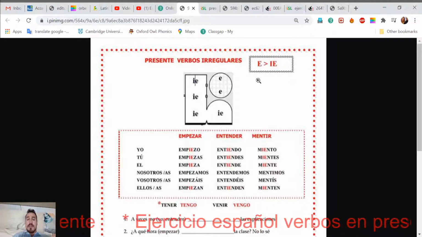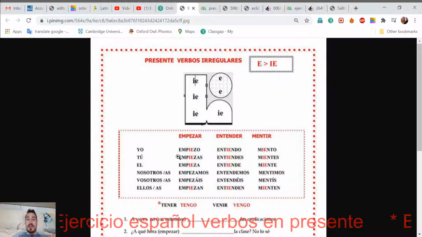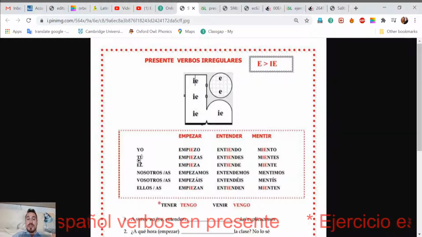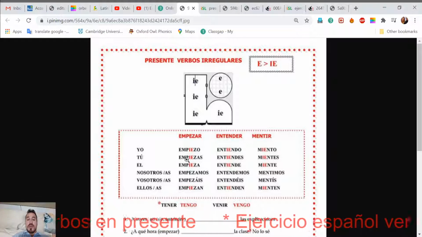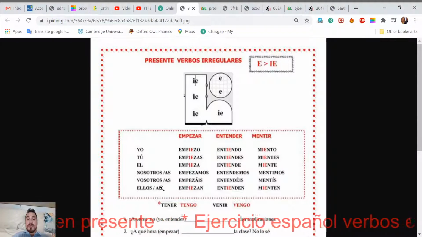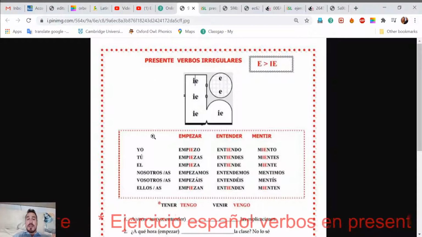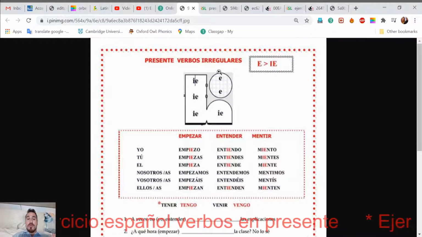And this E gets changed into IE in all of these forms. It gets changed for the yo form, tú, él, and ellos, but not for the nosotros and nosotras form. Remember, it doesn't matter if you are talking about a regular or irregular form.